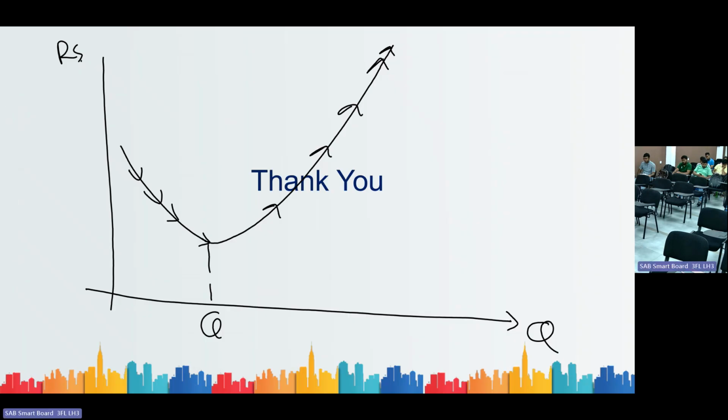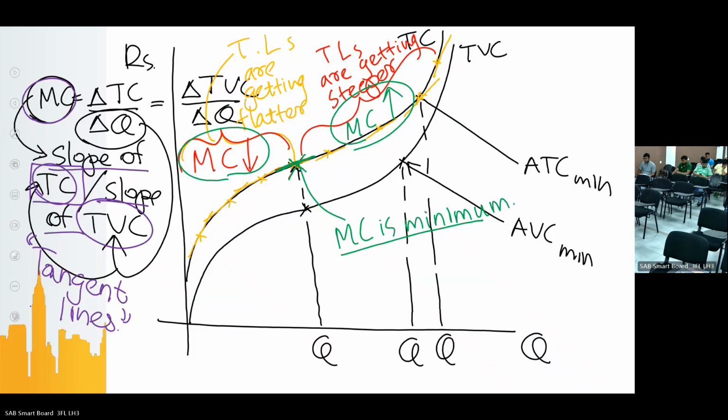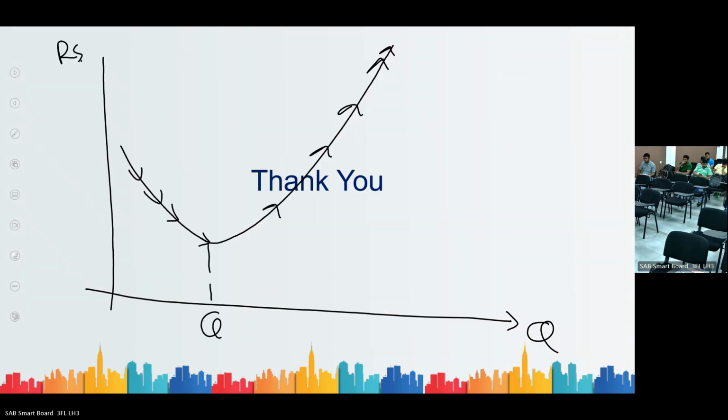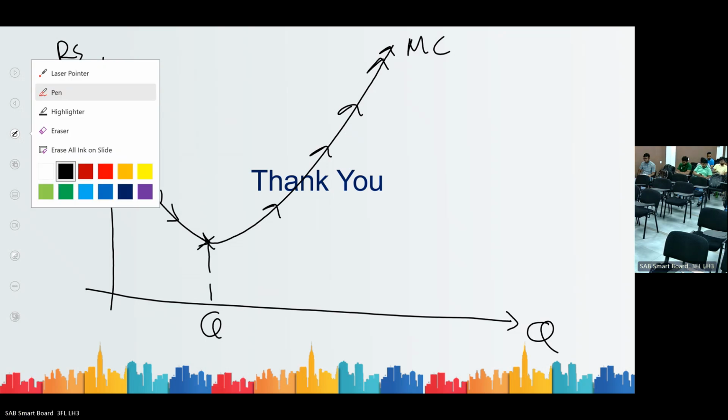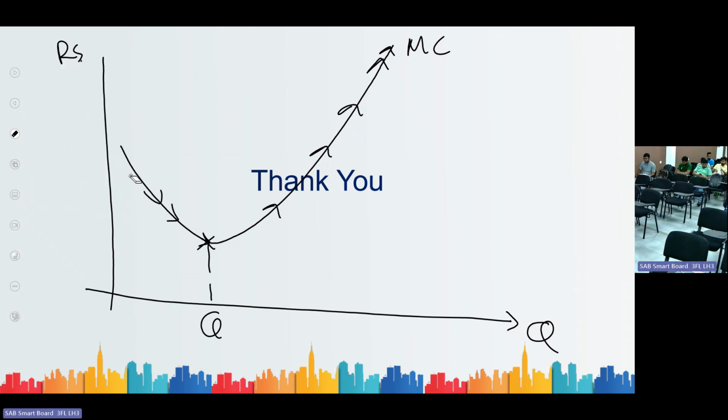When we combine them with MC, this is MC. MC decreases first, reaches the minimum point, and then starts to increase.